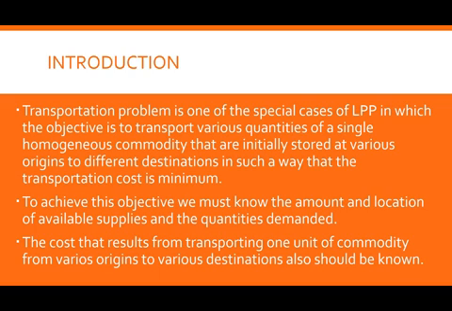Hope now you have understood the objective of the problem. So to achieve this objective, we must know the amount and the location of available supplies. That is, when I say amount, it is the capacity of the factories, and location specifies the distance that has to be traveled, and the quantities demanded. See, I cannot sell all the commodities in a single shop. In a particular area, the demand for the commodity might be very high.